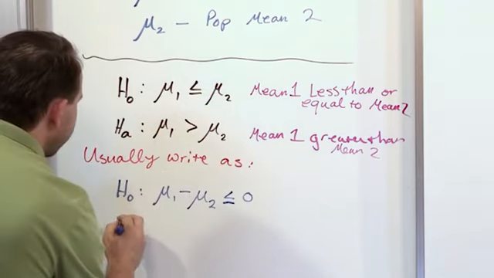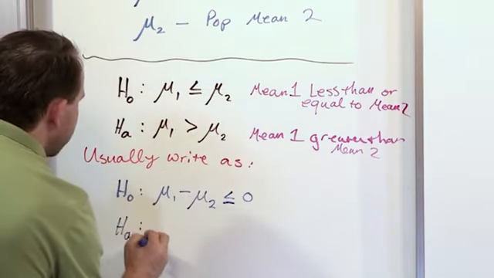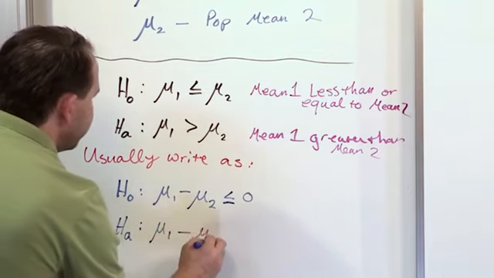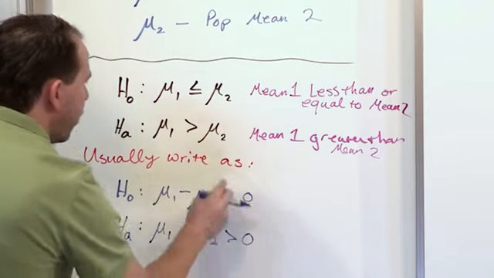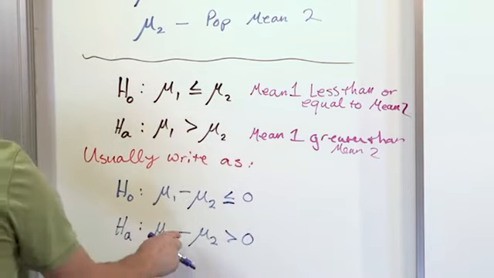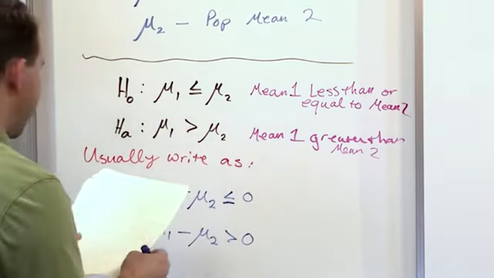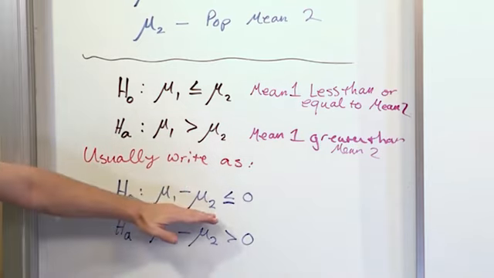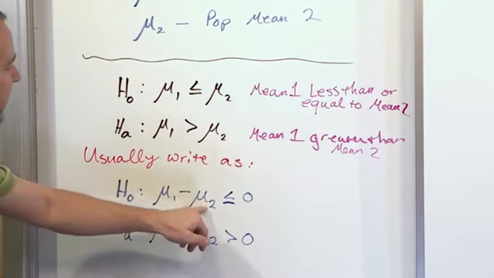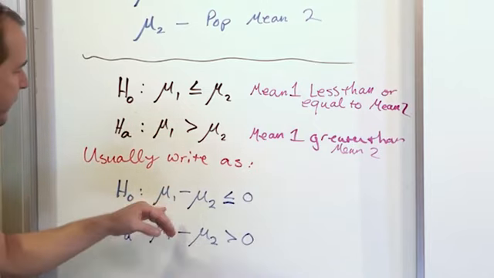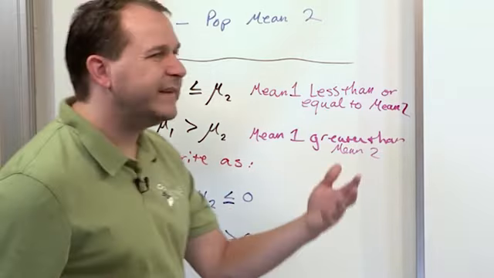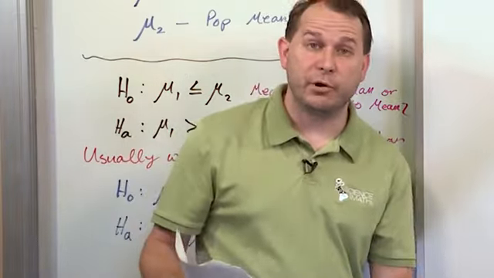We can do the same thing here. The alternate hypothesis is mu1 minus mu2 is greater than 0. All we did was take this guy, do a subtraction and move it over. This is how you see it written down typically. So whenever you write your null hypothesis, you're going to write it usually as a difference of the two means. And in this case, we have 0 over here, but you'll see as you do more problems that you may have a number over there or whatever.